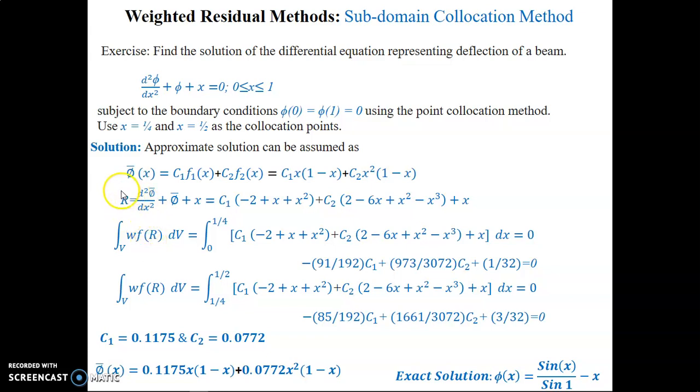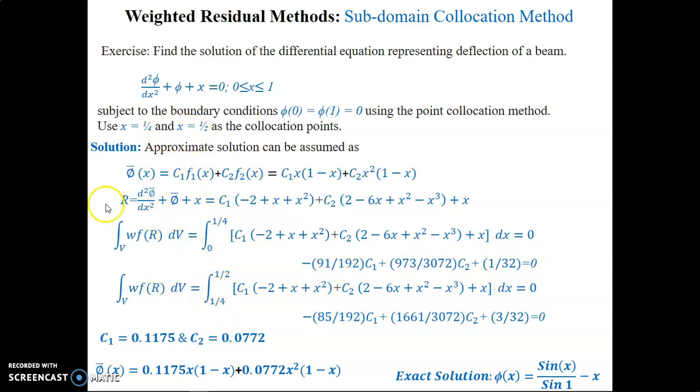Now we will integrate this residue multiplied by the weights over the collocation domain. The first domain will be from 0 to the first collocation point. So f of r is itself the residue, and the weight at these collocation points will be equal to 1. So we will simply integrate the residue over this domain. Once we obtain this value after substituting the values of x and equating it to 0, we will get the first algebraic equation. Now we will switch the zone from 1 by 4 to 1 by 2.